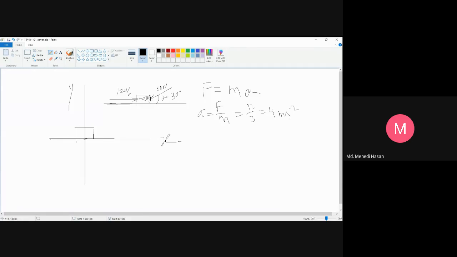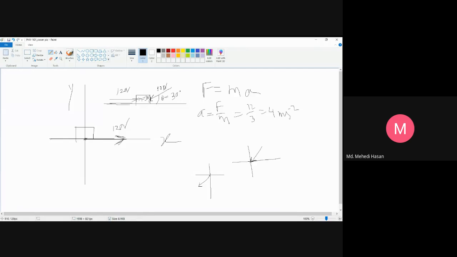Here the 12 Newton force is applied along that direction. We know that a vector cannot be drawn like that; we have to draw the vector keeping the tail at the origin.